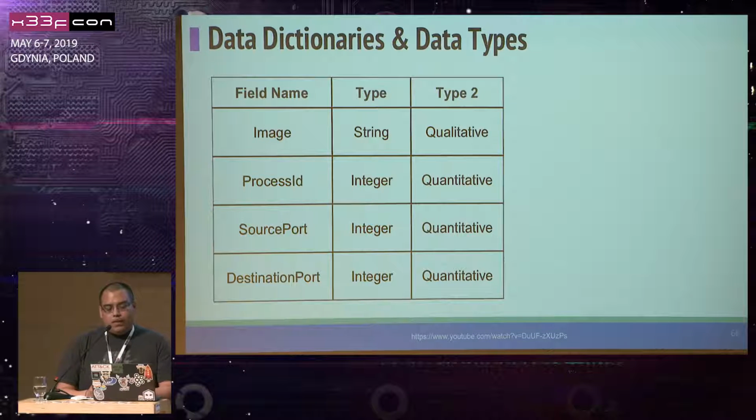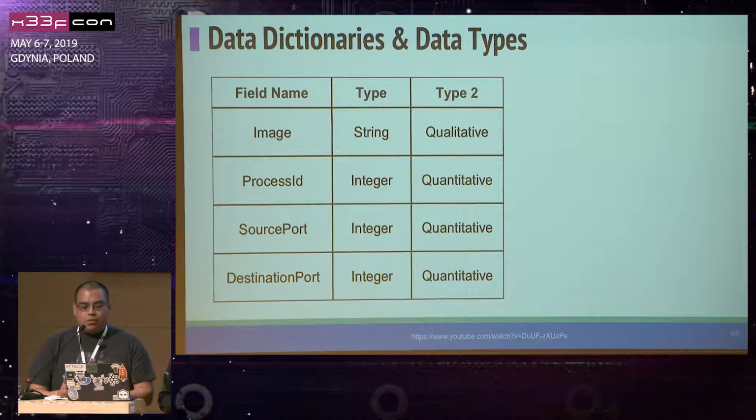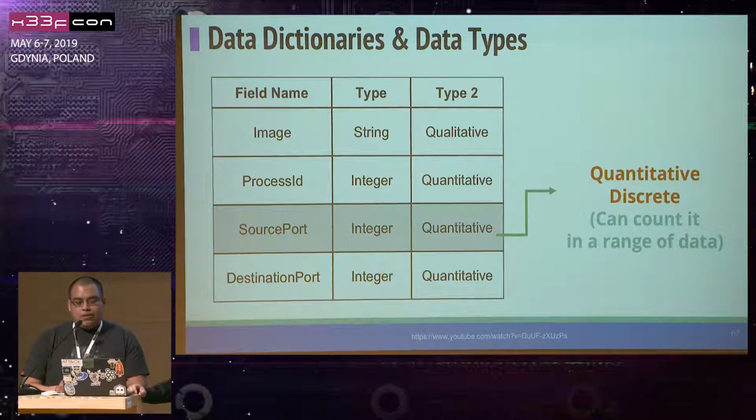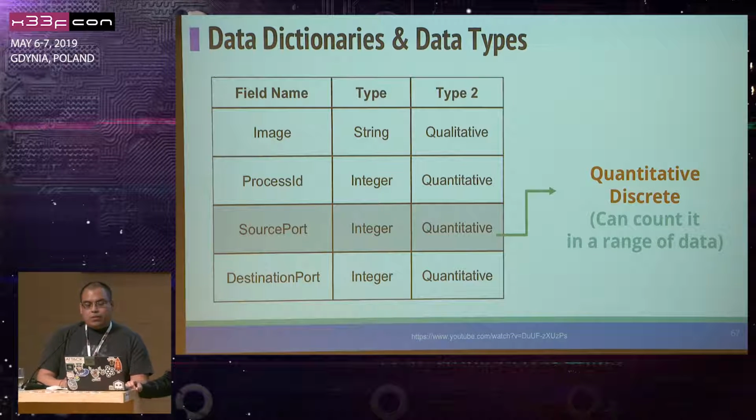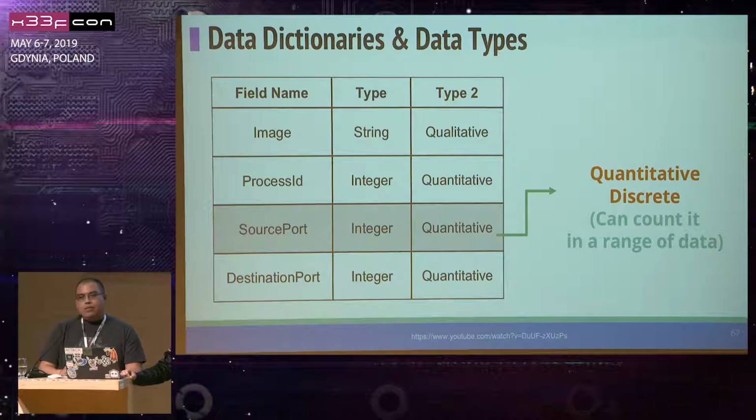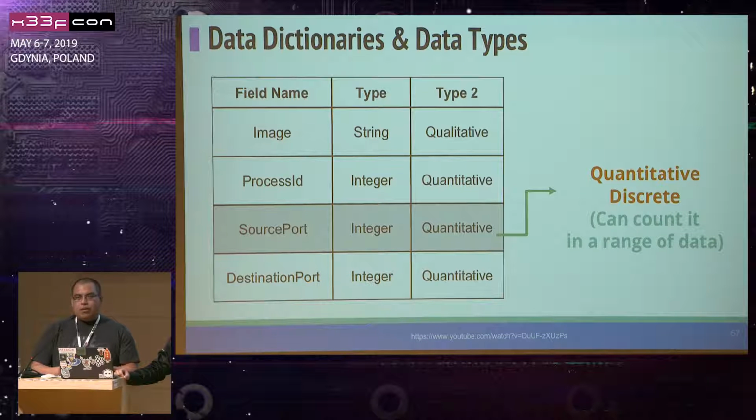And in quantitative data, you can use only numbers to represent your values, right? So, for example, Roberto already talked about the source port value. Yeah, the source port value. This value is a quantitative discrete value. What is the meaning of a discrete value? In a range of values, you can only have specific values, right?